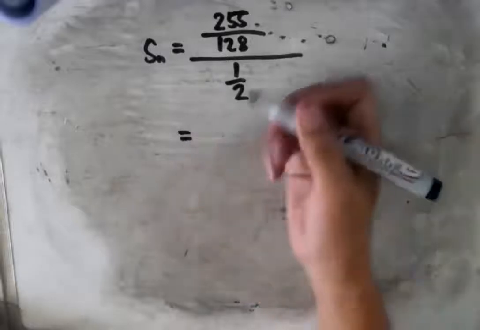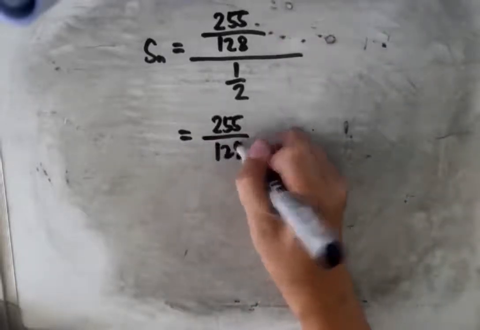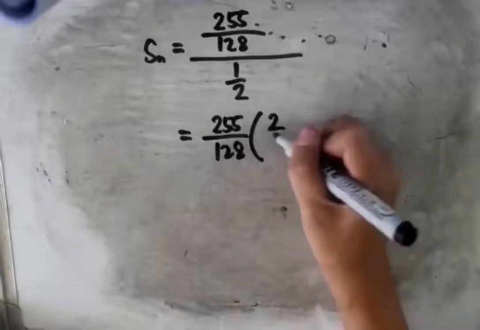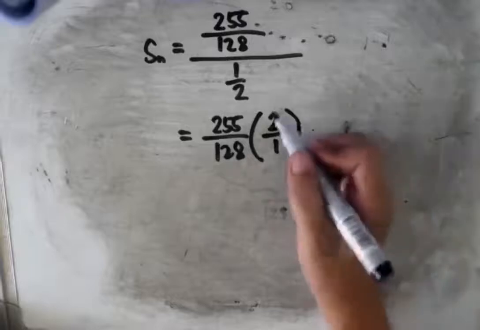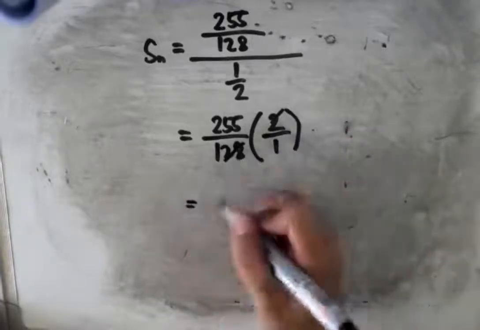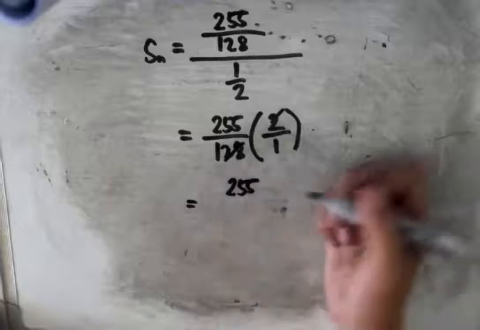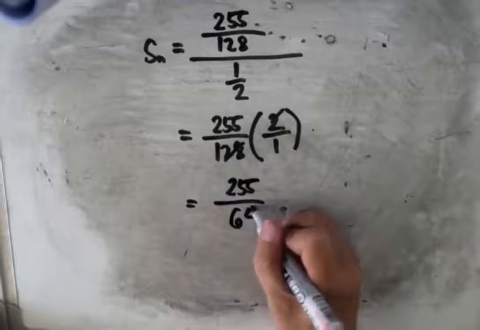So, how do we divide this one? We get the reciprocal of the divisor and multiply it to our numerator. So, 255 over 128 times the reciprocal of 1/2, which is 2/1. So, you can cancel this out. So, you have 2 divided by 128. It is 255 over 64.